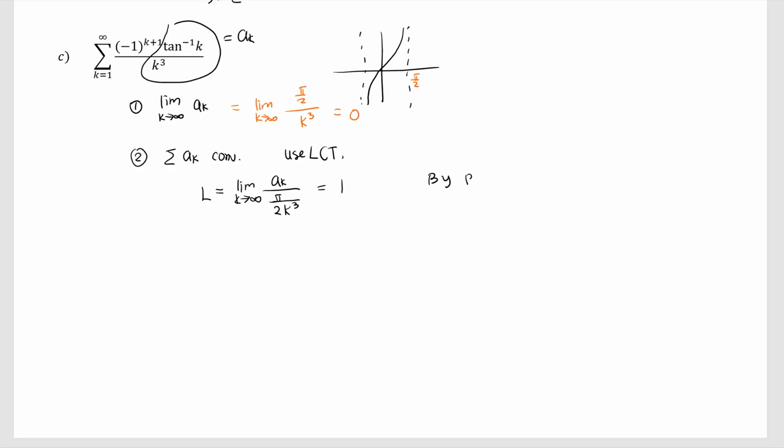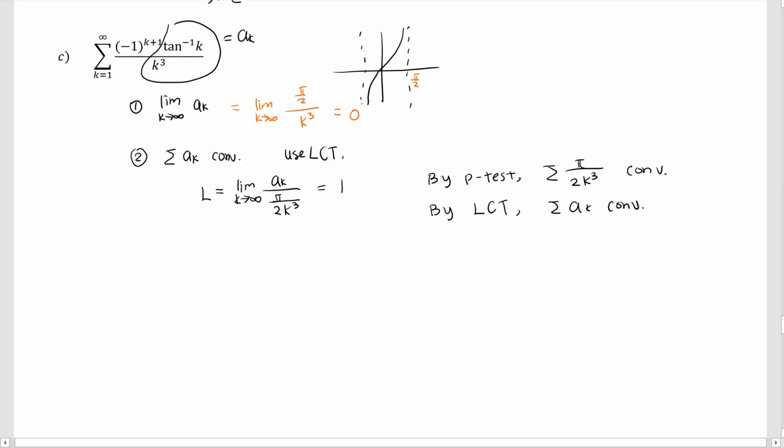So by the p-test, our p-series converges or diverges. Because p is 3, which is greater than 1, this actually converges. Then by the limit comparison test, our series converges. Yay!